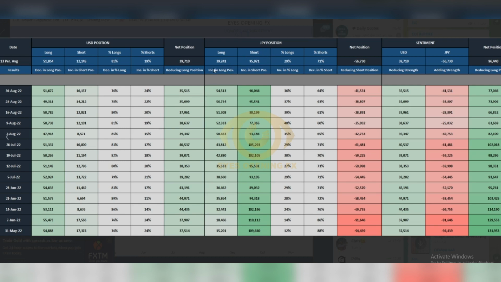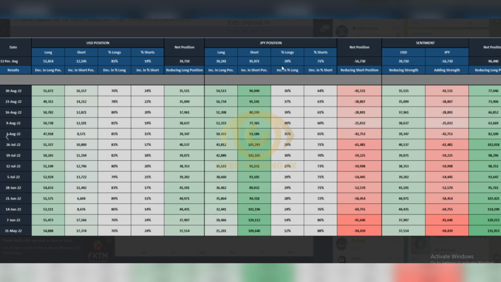JPY, the same thing. We can see that they are increasing the long position on JPY. This shows that JPY is gaining strength. The short position is also being reduced. Sorry, the short position is reducing while the long position is increasing.